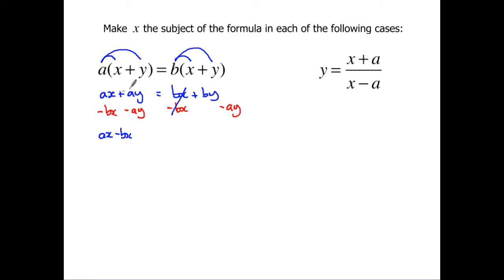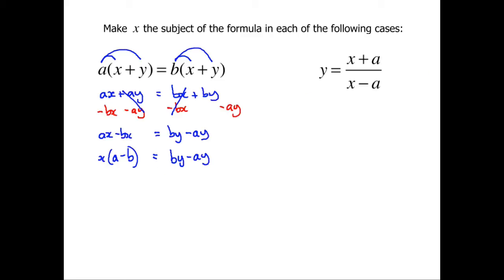So I've got ax minus bx, I've got rid of that from that side, and now I've got by minus ay. So I've got all the things that I want on one side, which is the x terms, and now I'm just going to factorize that. So that will nicely turn 2 x's into 1. So that'll be x brackets a minus b, and that is by minus ay, which could itself be factorized if you wanted to.